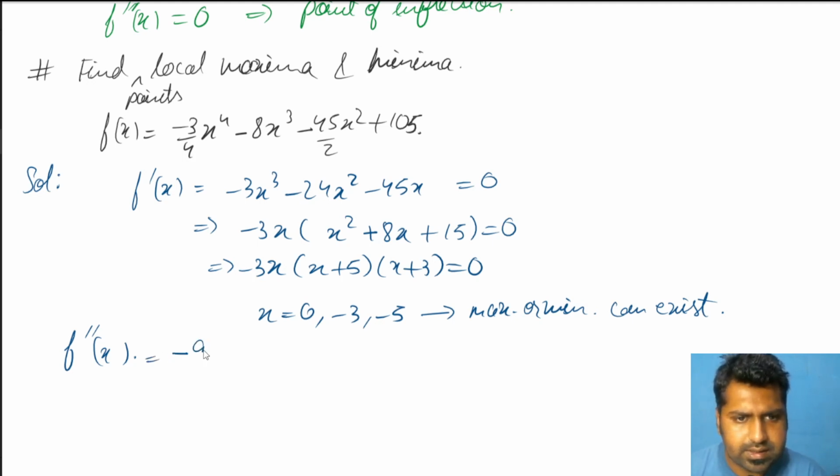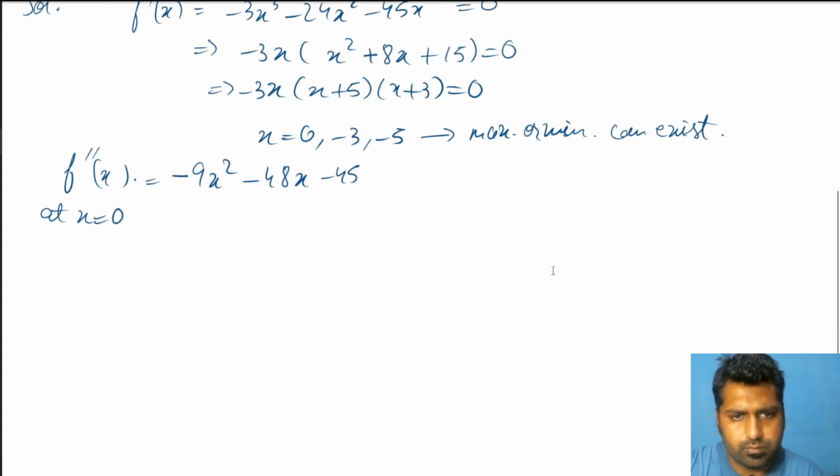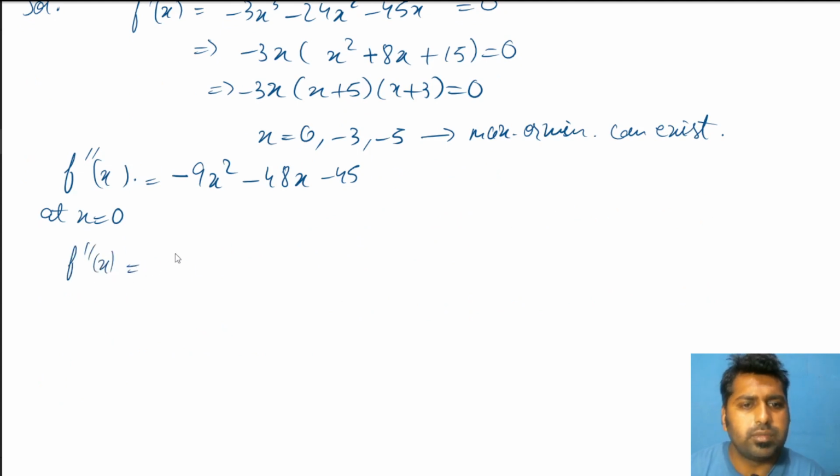So minus 9x square minus 24 into 2, 48x minus 45. Let's check at x equal to 0 first of all. At x equal to 0, your f double dash x will become 0 minus 45, which is less than 0. Hence, we can say it's maxima at x equal to 0.